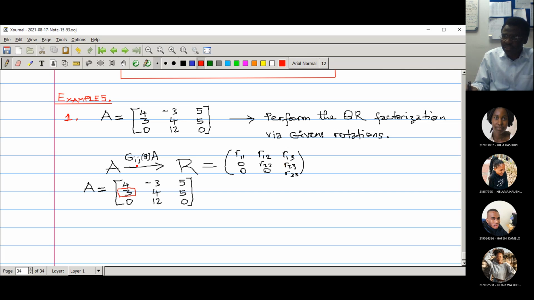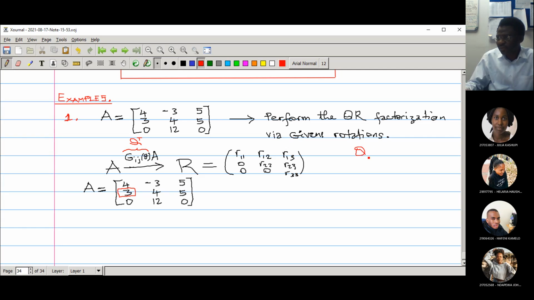And for that, obviously, we will perform operations on A. Performing operation on A means that we multiply A by this, which, as we saw, is our Q transpose. Because when you have Q transpose A equal to R, we just multiply both sides by Q, right?